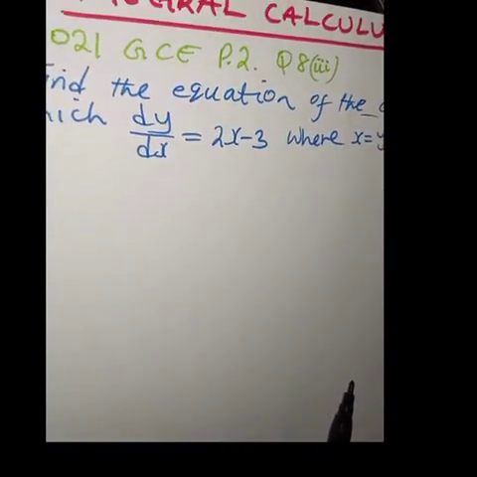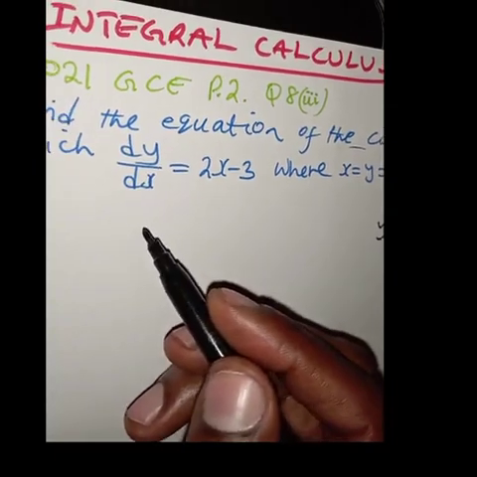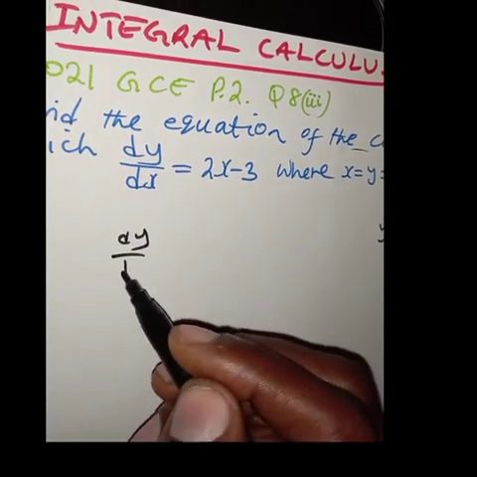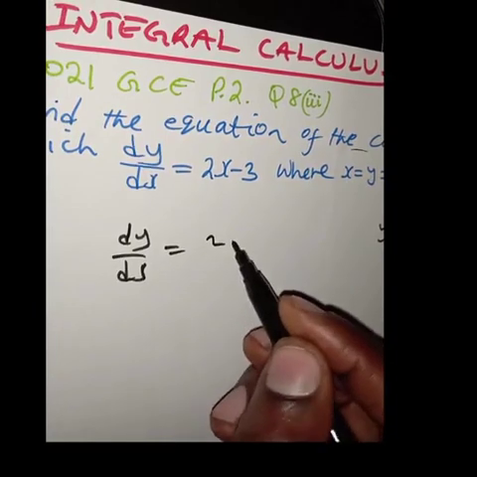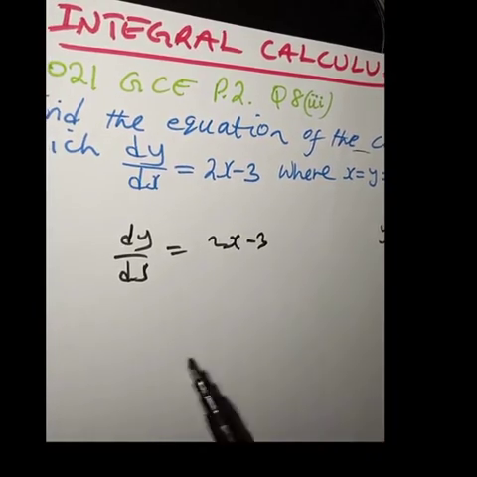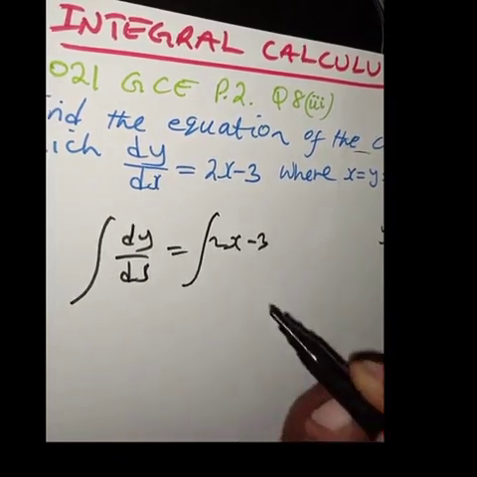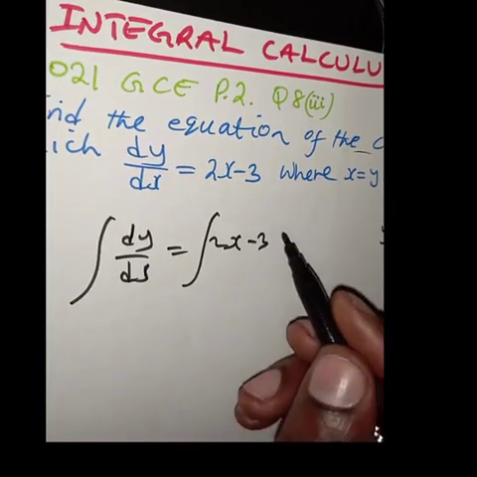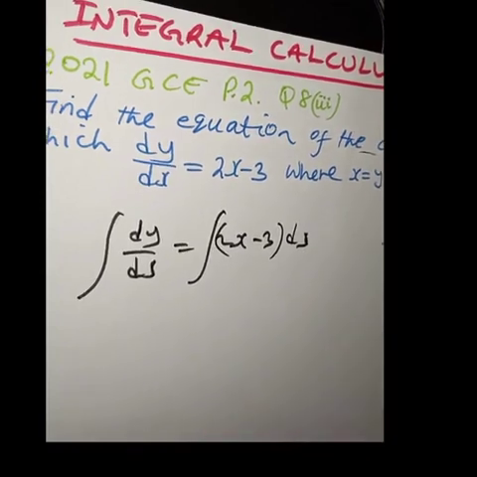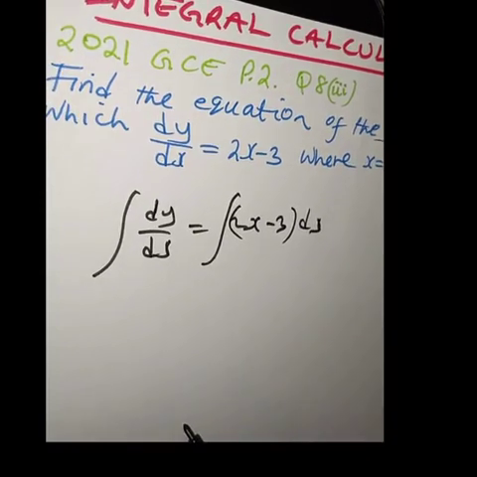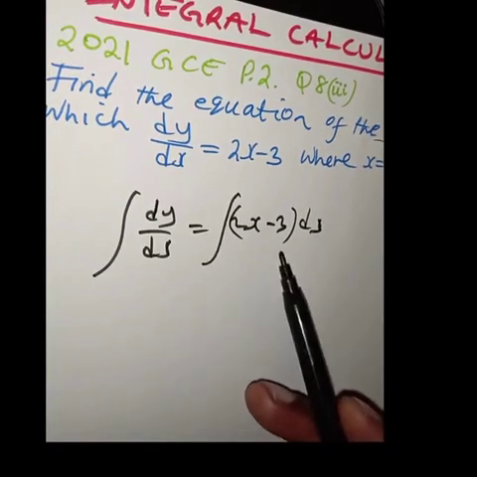So what you're supposed to do is to introduce, let me rewrite this. Once they bring such, you introduce the integral symbol both sides. It is going to be with respect to x like this. Remember under the previous video we had the indefinite integral in this way.